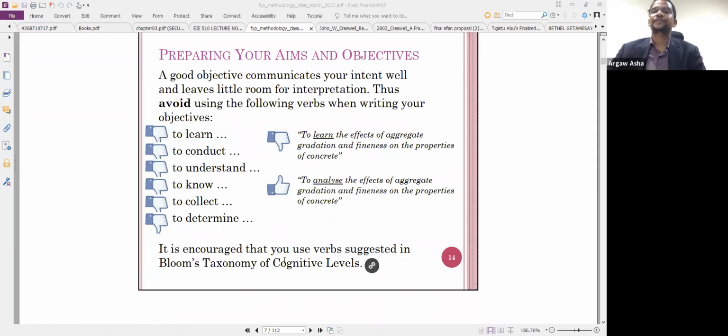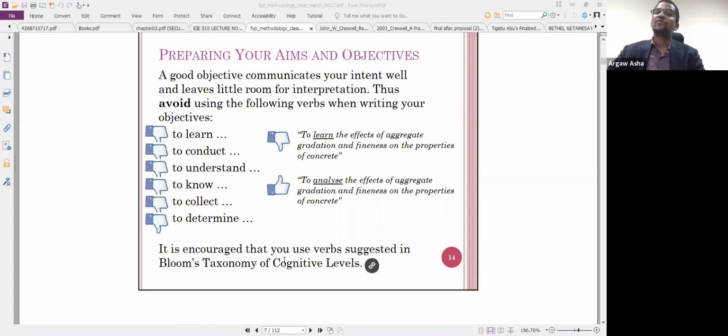When you see good objectives in communicating your intent, you should know well, and there leaves little room for interpretation. In this case, you should avoid using the following verbs whenever you are writing objectives: to learn, to conduct, to understand, to know, to collect.